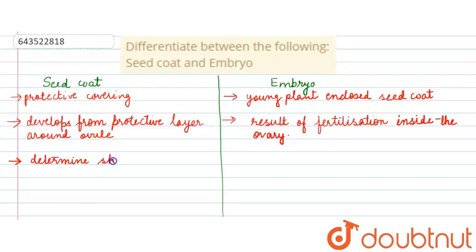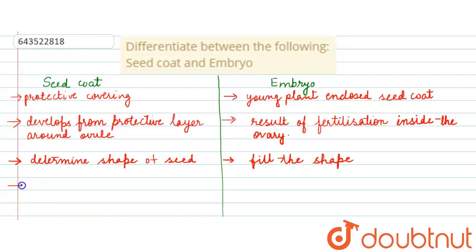So it will be determining the shape, whereas the embryo will fill the shape that will be determined by seed coat. So it fills the shape. So this is the third difference, where the seed coat is actually determining the shape of seed, whereas that shape is filled by the embryo.